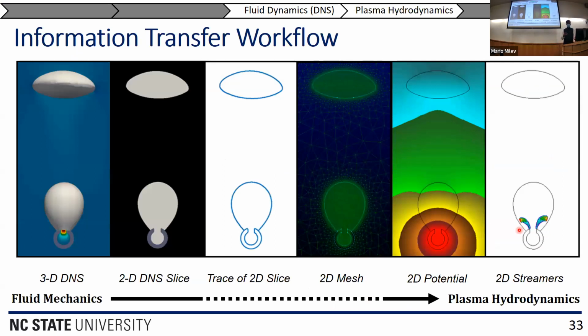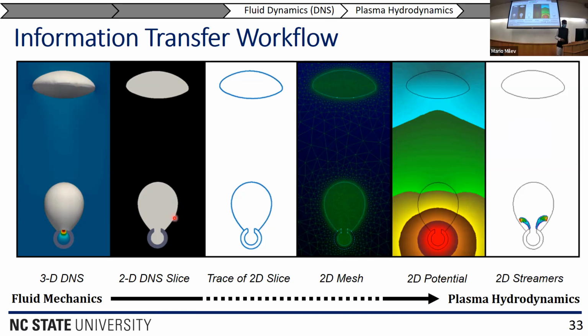And then we can use that data to transfer the information over to a plasma code. And so this is the multiphysics framework I've developed. On the far left, we have a picture from 3D DNS. And so what I do is I take a slice of that simulation, colored in black and white, where the black is the liquid, the white or the light gray is the gas.